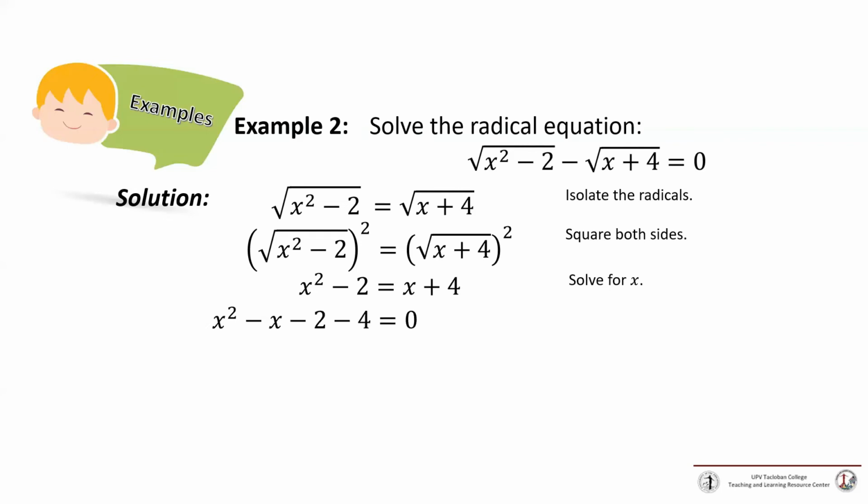Then we came up with an equation, x squared minus x minus 2 minus 4 is equal to 0. And you notice that this is now a quadratic equation. And then we apply methods to solve a quadratic equation. That is by factoring, by completing the square, quadratic formula, or what?